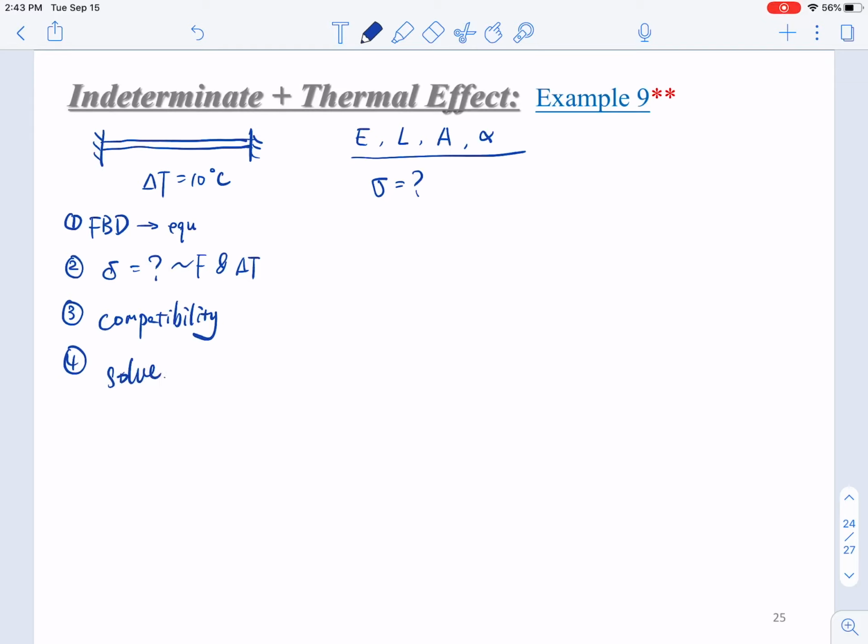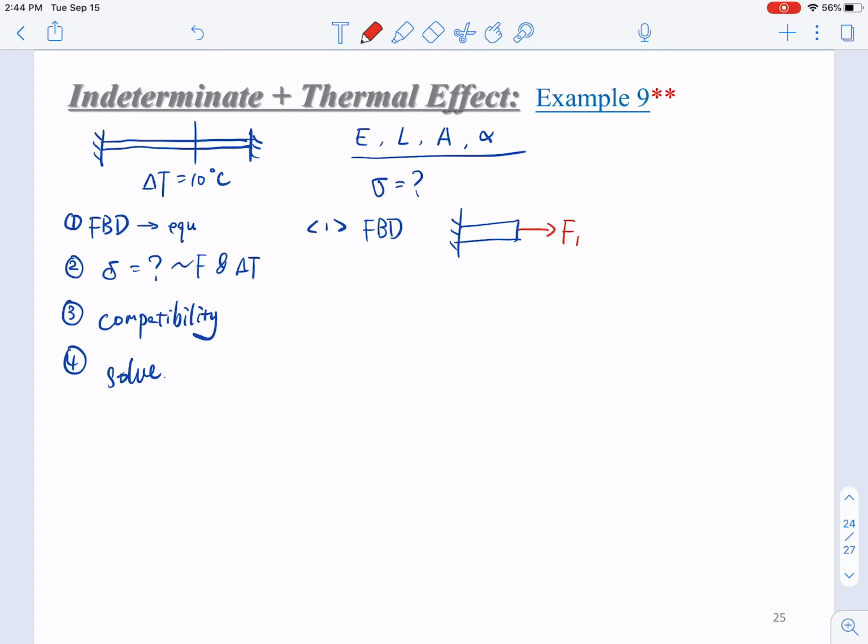Let's see the first step, free body diagram. We just cut it anywhere, just between these two ends. Cut it from here, and then add the internal force outward.